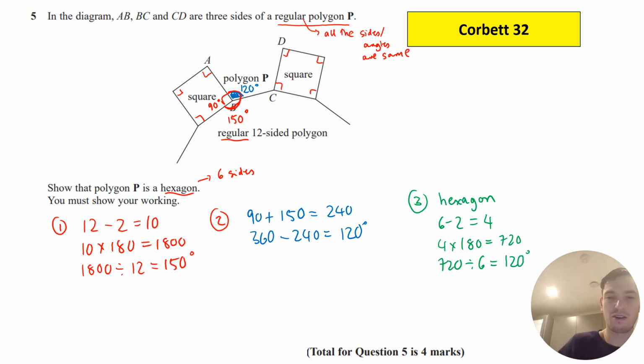So probably need a conclusion. Therefore, polygon P is a hexagon. Okay, great. Let's keep going.